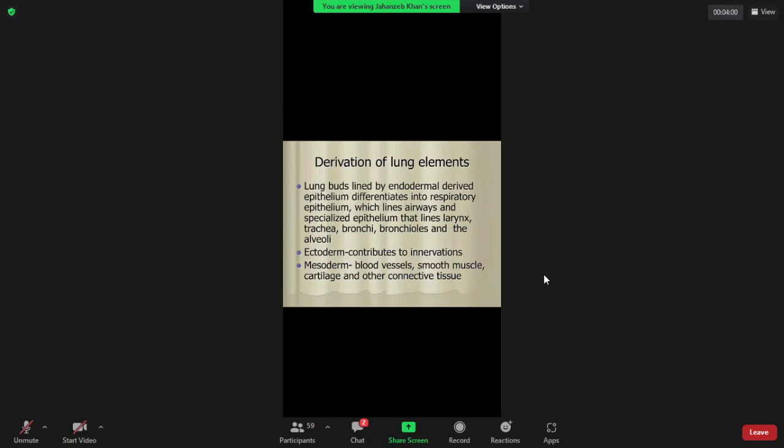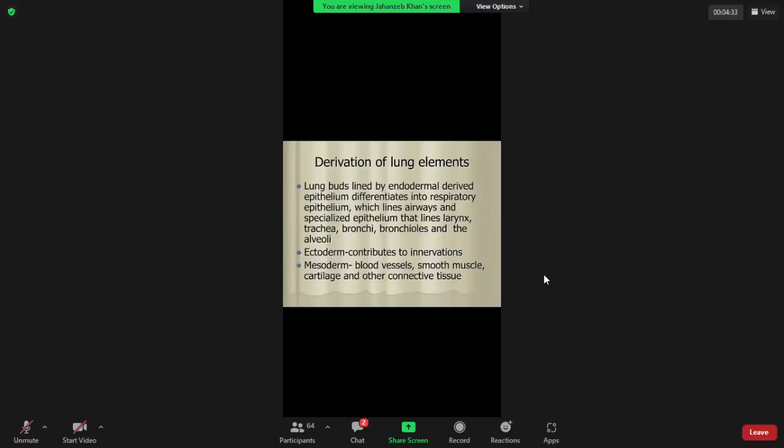It differentiates into respiratory epithelium, which lines the airways, and specialized epithelium that lines the larynx, the trachea, the bronchi, bronchioles, and the alveoli. Ectoderm contributes to the formation of the innervation, basically. Mesoderm is basically responsible for the blood vessels, the smooth muscles, cartilage, and other connective tissue.